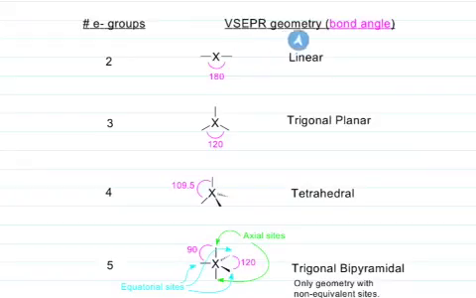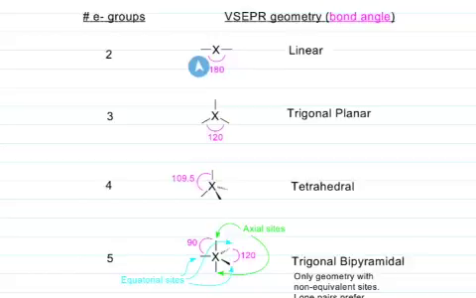For a VSEPR geometry of linear, it needs to have 2 electron groups. So that can be a lone pair, a single bond, or 2 single bonds, or a triple bond and a single bond, as long as it's 2 next to the X, which is our central atom. Linear geometry is always going to have a 180-degree angle.